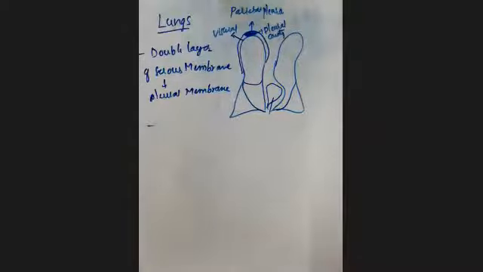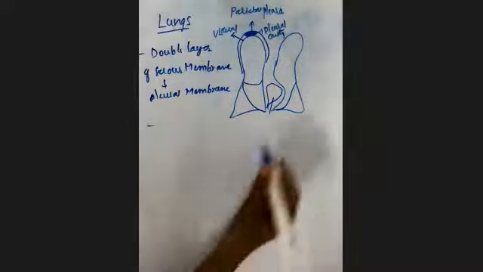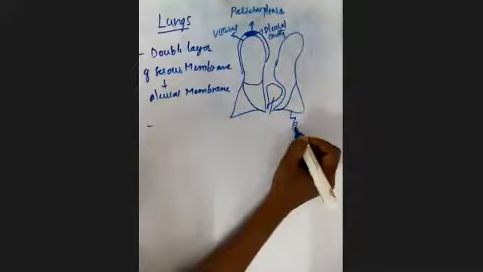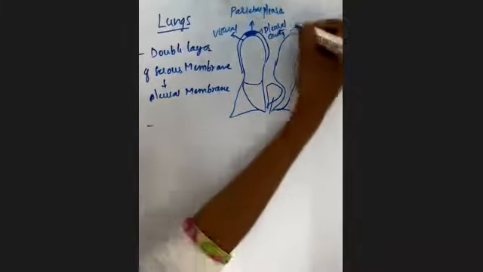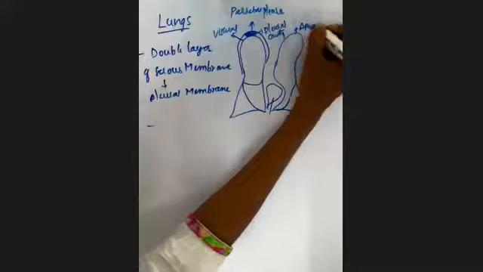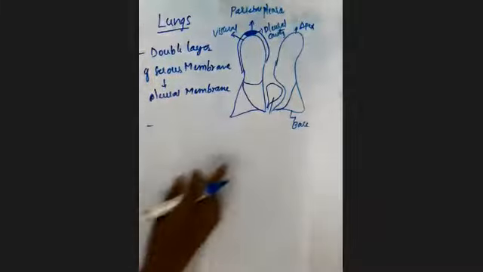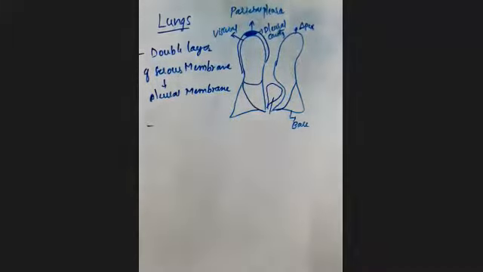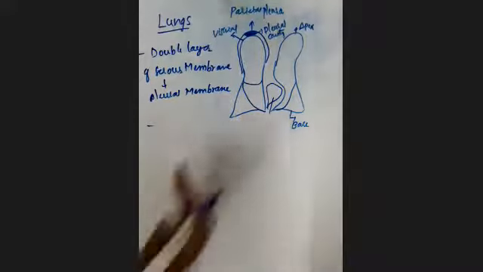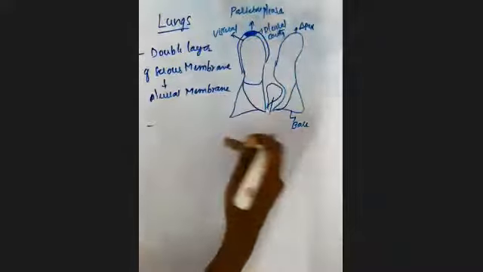The inferior portion of the lung is known as the base. It is concave and fits over the convex area of the diaphragm. This part is the base, and this part is the apex. This is the superior portion and this is the inferior portion.